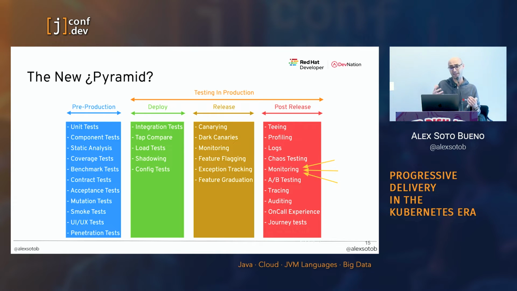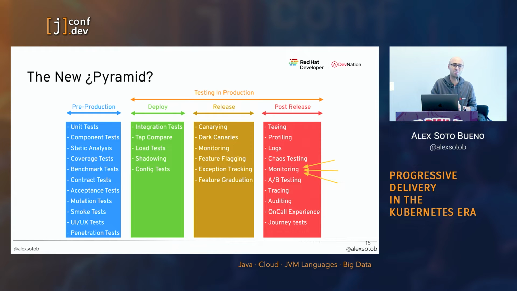I like to say that these are tests that you should be able to run on the development machine. Obviously, I'm not saying that it's not going to cost you a lot of CPU and memory, but unit tests, component tests, coverage tests, this kind of test is something that you should run on your development machine, and that's a pre-production test.